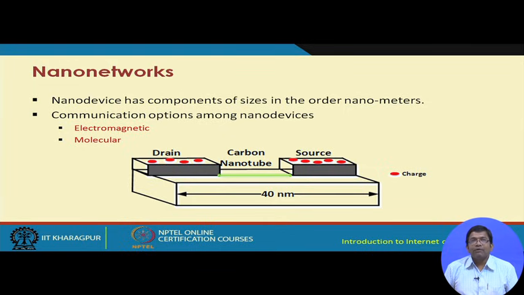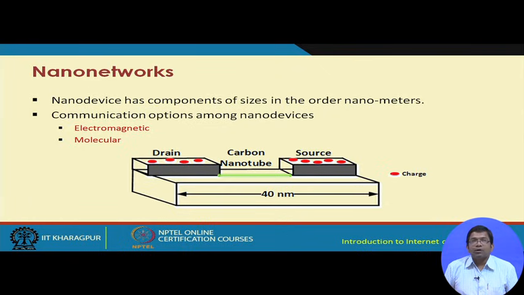Nano devices are used as nodes in a nano network or a nano sensor network, and every nano device has different components, one of which is the nano sensor, nano actuator, nano power device, and so on and so forth.